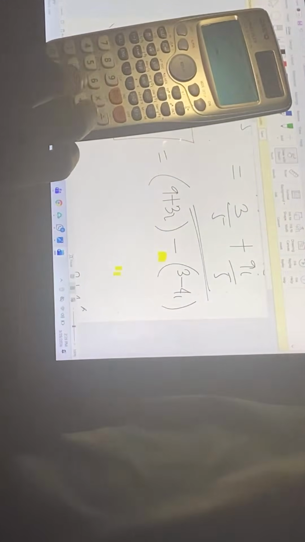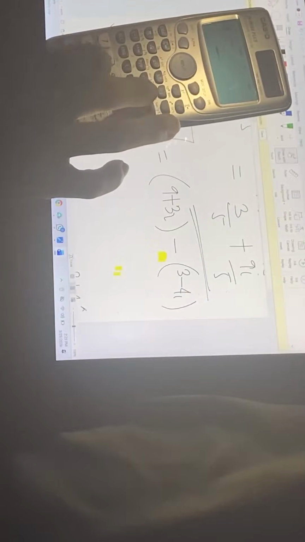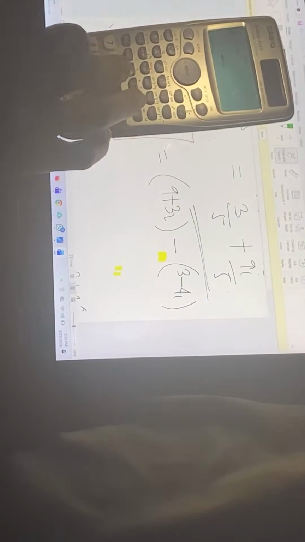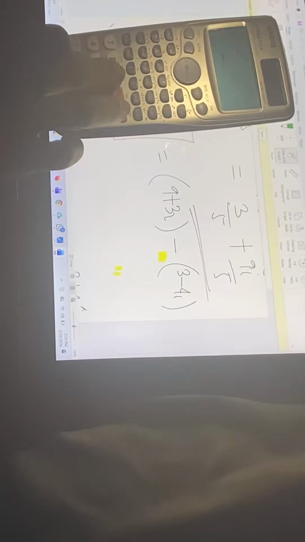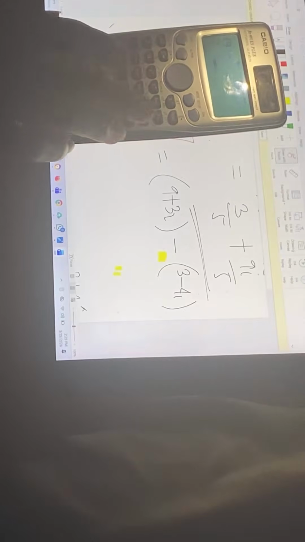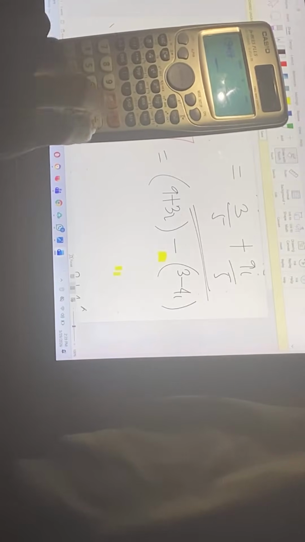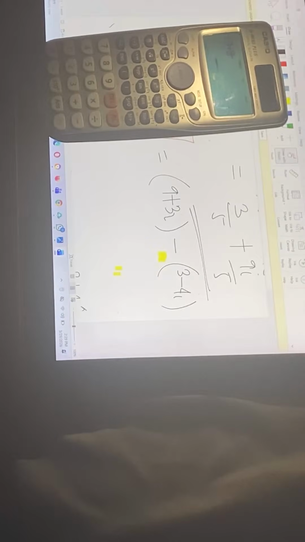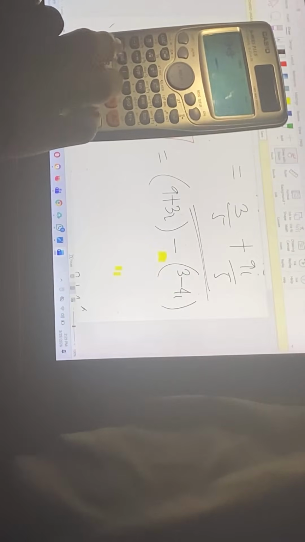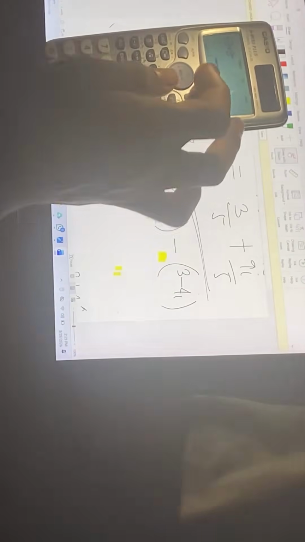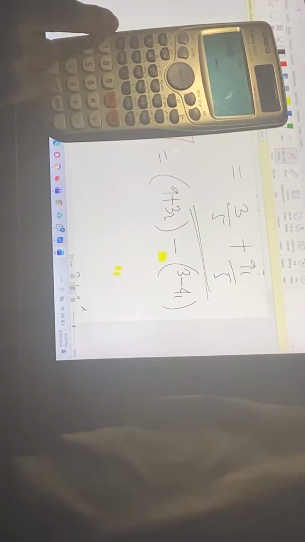Open your bracket first. 9, plus. Now, the only difficult part here is how to get your i unit. To get your i unit, it is eng. When you check the fifth row, 1, 2, 3, 4, 5, after arrow CL, you see eng.